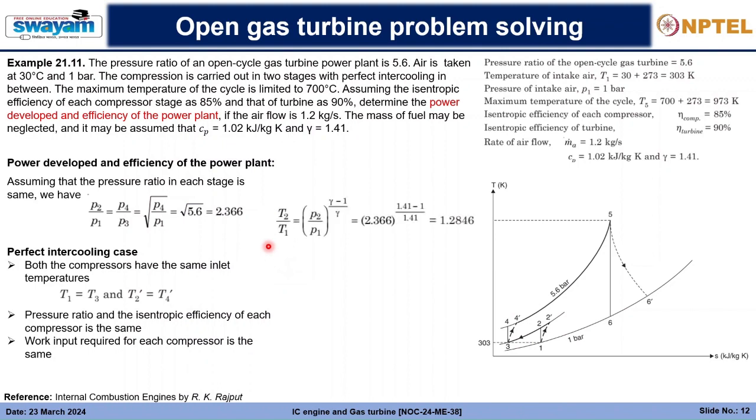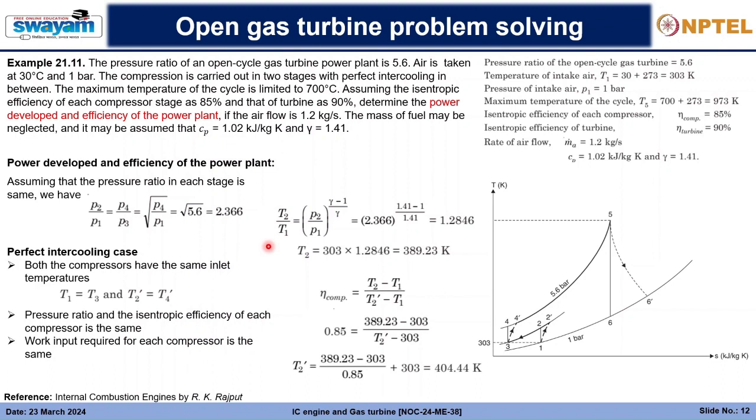We consider the isentropic process 1 to 2, and from here we find the temperature T2. Then we use the isentropic efficiency of the compressor, T2 minus T1 divided by T2 dash minus T1. Accordingly, we find that T2 dash will be equal to 404.4 Kelvin.